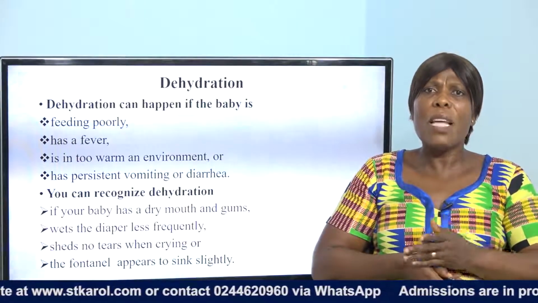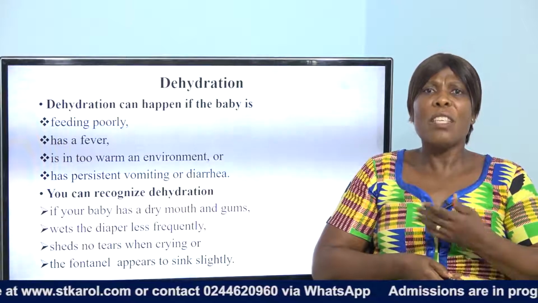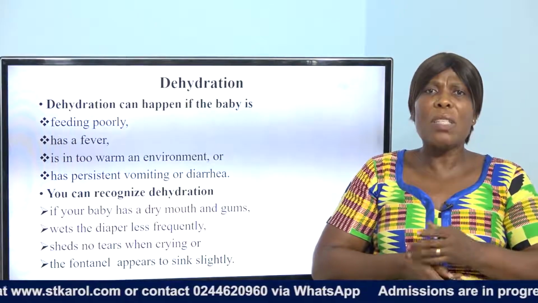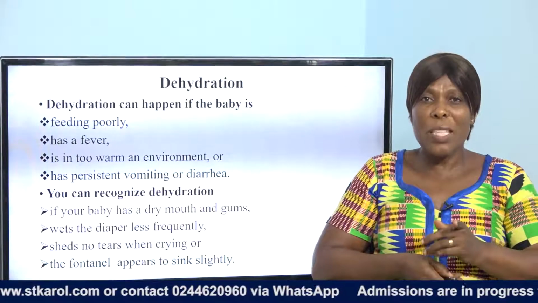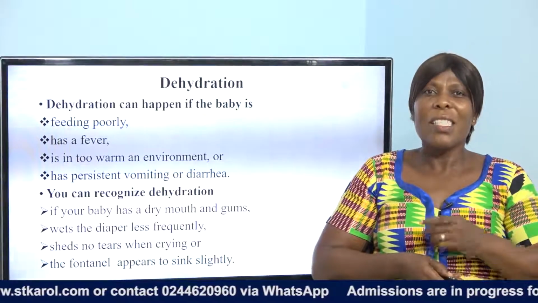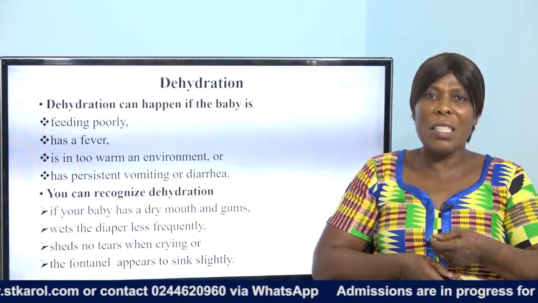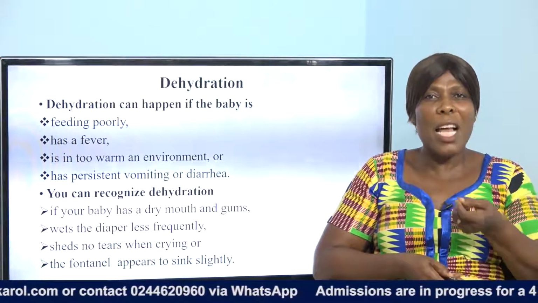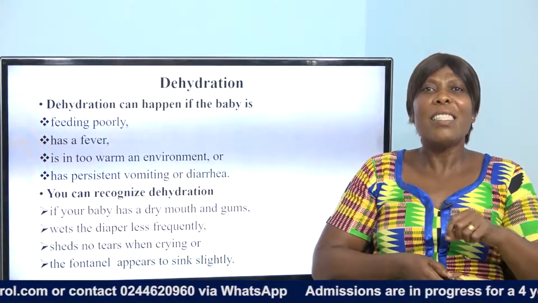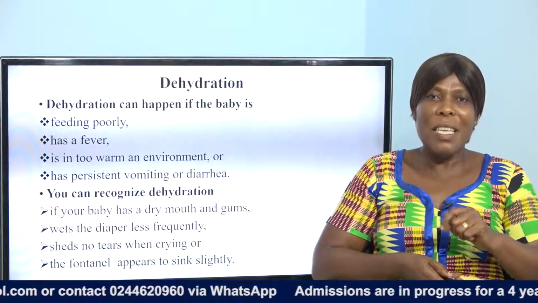So normally when they are in warm environments, they try to what? Produce heat. And then when this heat is being produced, they sweat. As they sweat, there's evaporation taking place. So this fluid is being absorbed into the atmosphere, and then the child will become dehydrated.